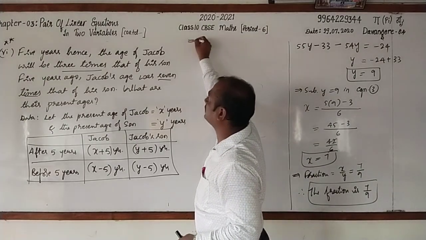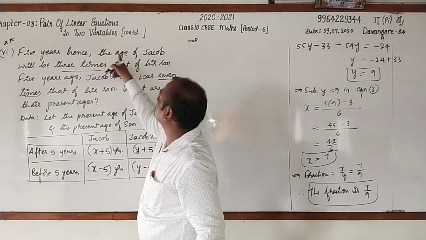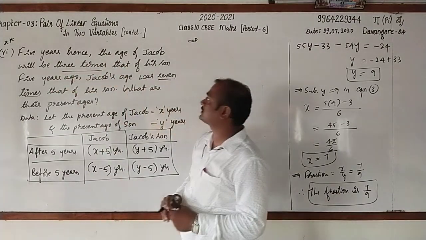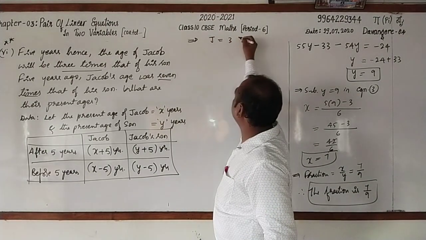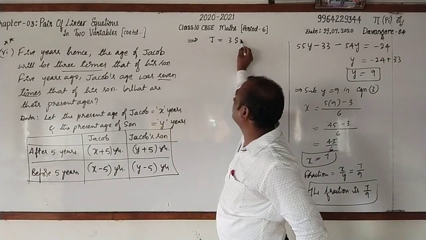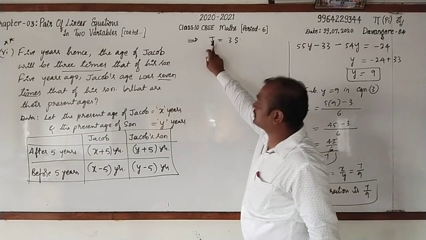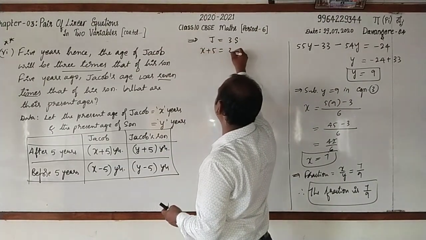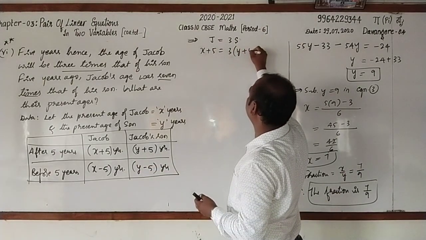What is the given statement? It has been given that 5 years hence, the age of Jacob will be 3 times that of his son. It is just for your reference only. After 5 years, what was Jacob's age? It is x plus 5. 3 into son's age, it is y plus 5.